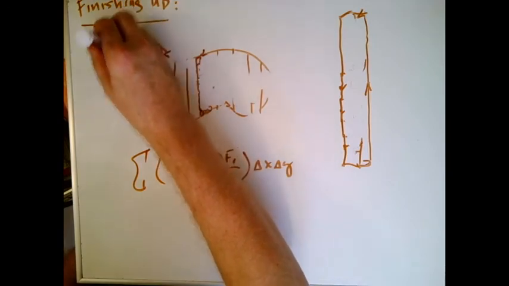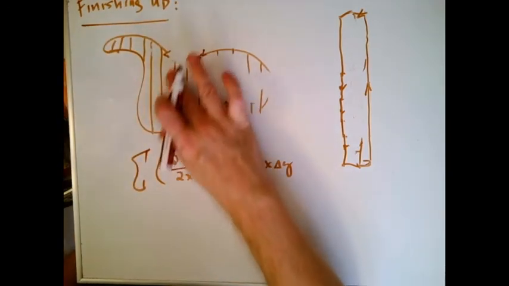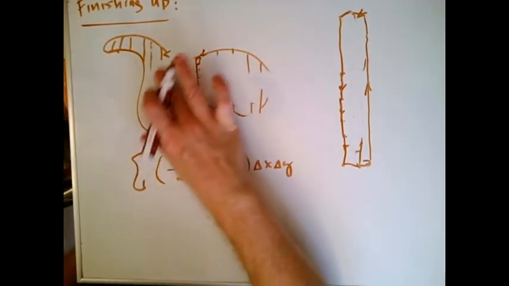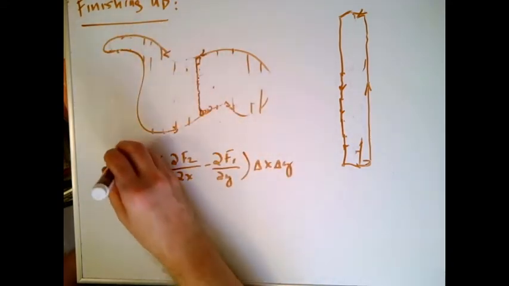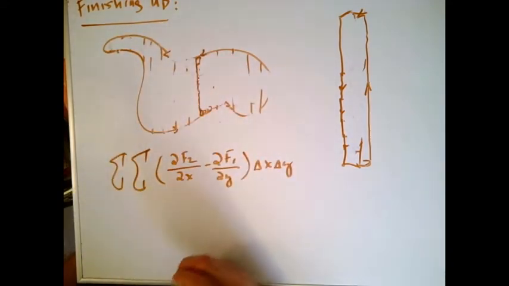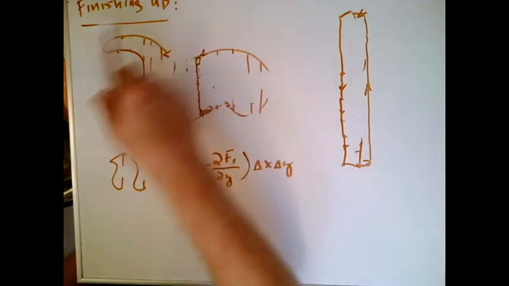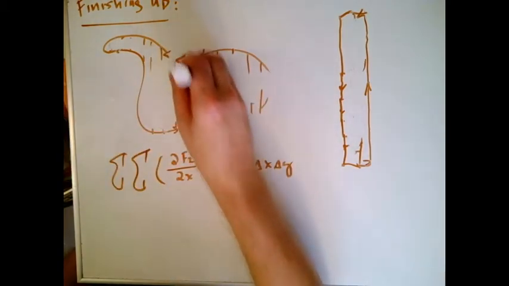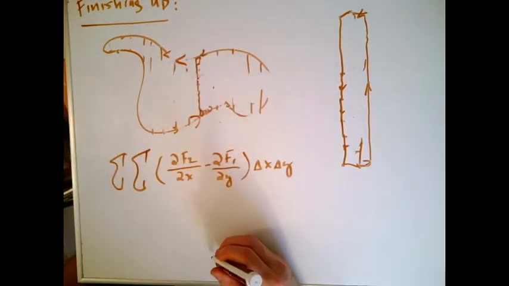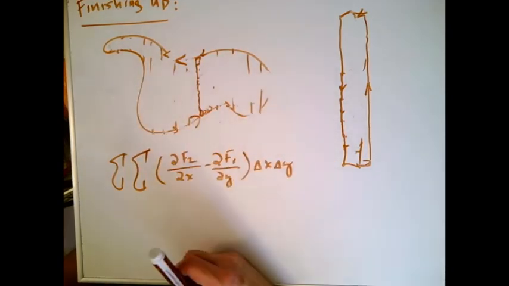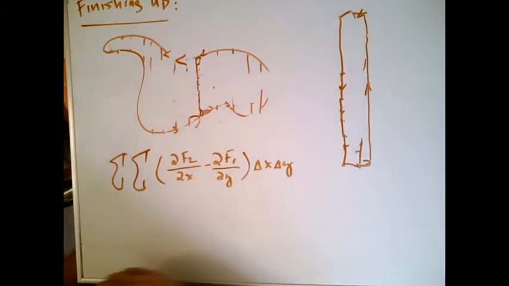Since everything on the inside all cancels, what we're going to get when we add up all the work done around the strips is all the work done around the entire edge. By the way, what happened on the inside, it's called telescoping. We've talked about this, right? It telescoped when we stacked them up from bottom to top, and then it telescoped again when we stacked them up from left to right.